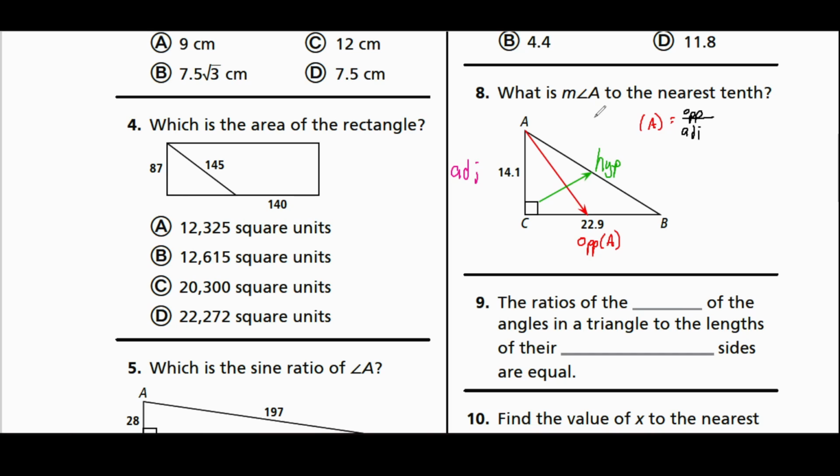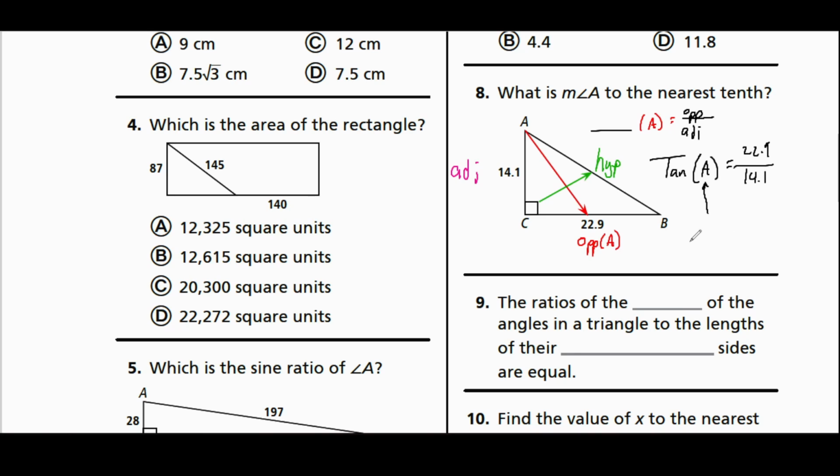So I need to know which trig function to use. If I think about it, tangent is equal to the opposite over the adjacent. So I'm going to put the tangent of A is equal to the side opposite over the side adjacent. Now I can see my variable is in my reference angle. Well, how do I get my reference angle out?